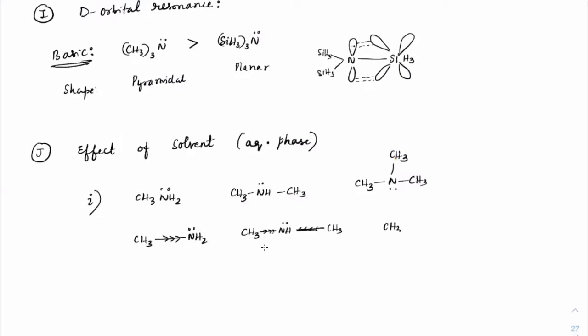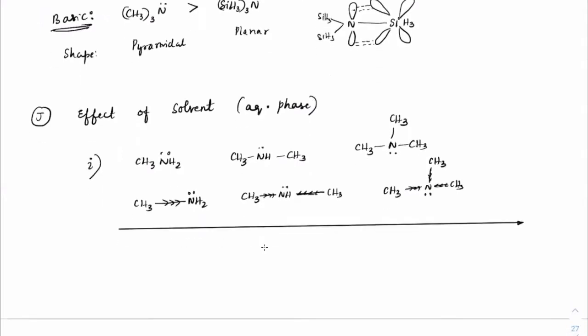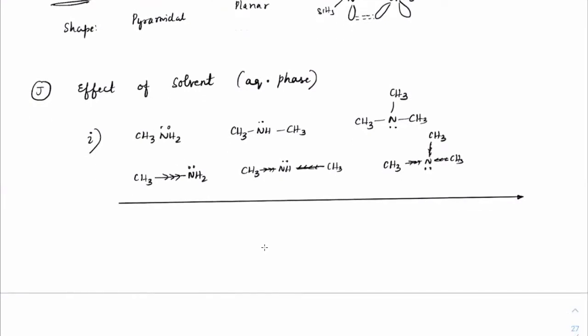In the third case, N(CH3)3, here also electrons are being pushed towards nitrogen. So there is more push in the tertiary case. So we can say basicity should increase due to plus I effect. So basic strength increases due to plus I effect.